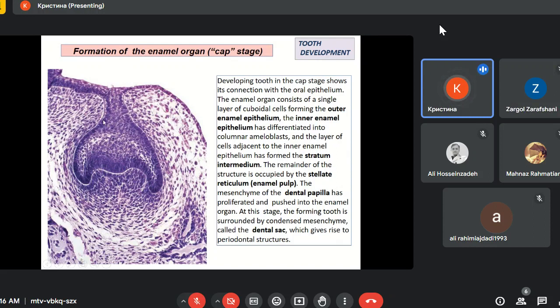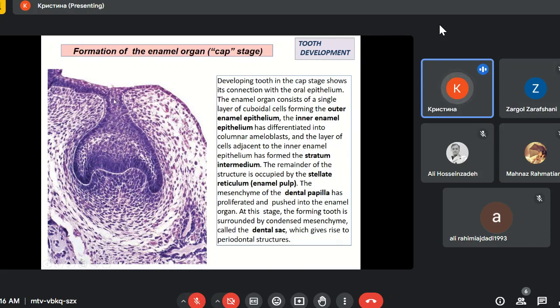And enamel organ consists of the outer enamel epithelium, it is here, and on the opposite side also the inner enamel epithelium, it is here, and what is between the outer and inner, it will be called the pulp of the enamel organ or the stellate reticulum, and also here we will have the intermediate epithelium.